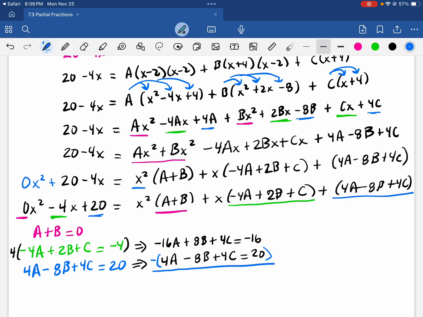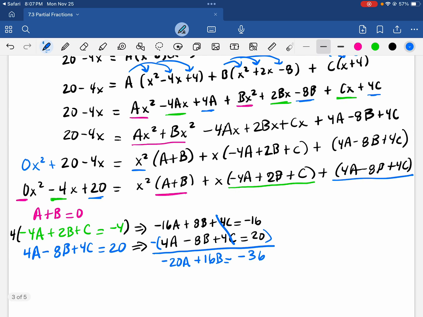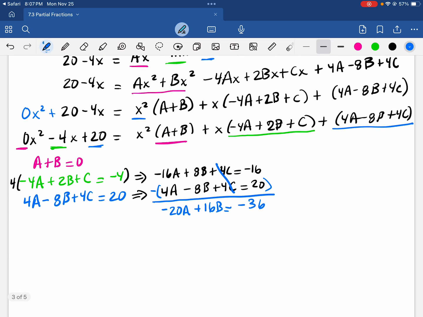So -16 minus 4 is going to be a -20a. 8b minus -8b is going to be a positive 16b. 4c minus 4c is going to cancel. -16 minus 20 is going to be -36. And so now I have 2 equations that both have just an a and a b with them.